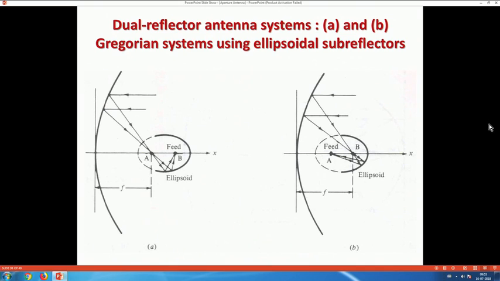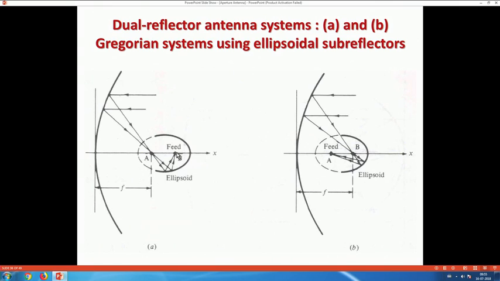What I said is that for, let us say, the ellipse, you have two focal points A and B.